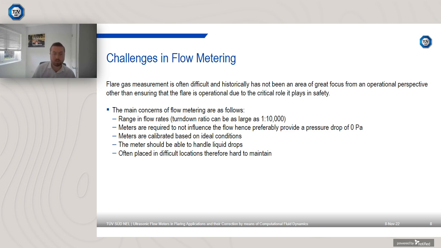And finally, the meter is often placed in difficult locations, therefore it's hard to maintain. So you're basically wanting a meter that's not got any moving parts, because maintaining those meters will be difficult because it's placed in a difficult location.